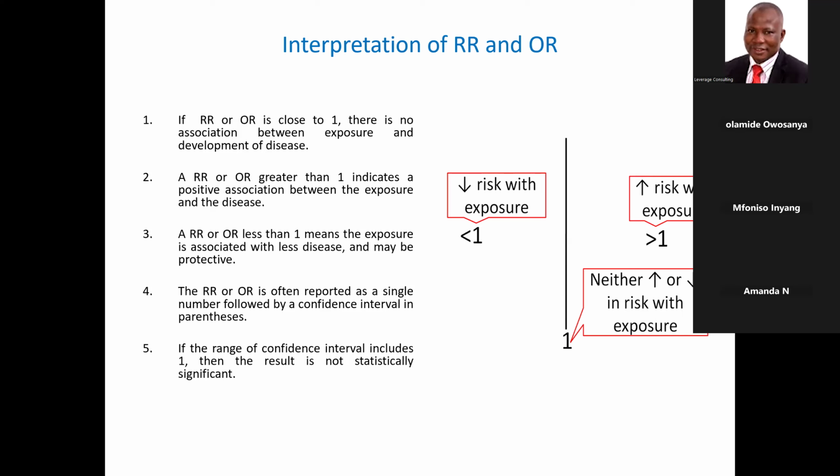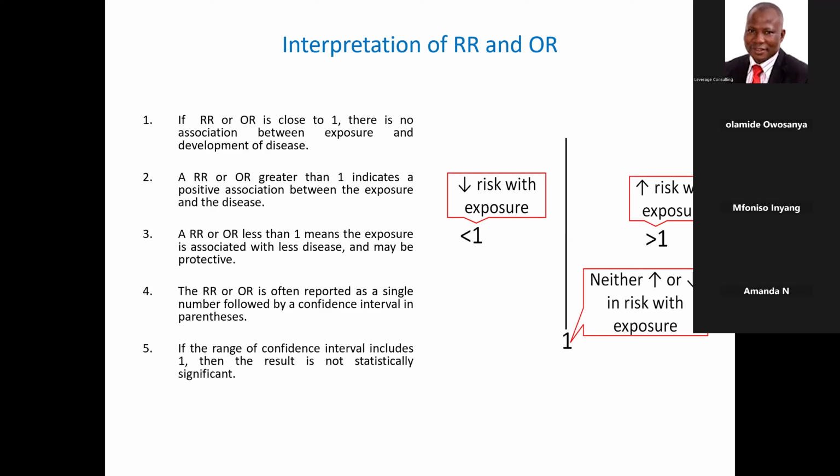The relative risk or odds ratio is often reported as a single number followed by a confidence interval in brackets or parentheses. If the range of the confidence interval includes 1, then the result is not statistically significant, because when the relative risk is 1, it means there's no association.